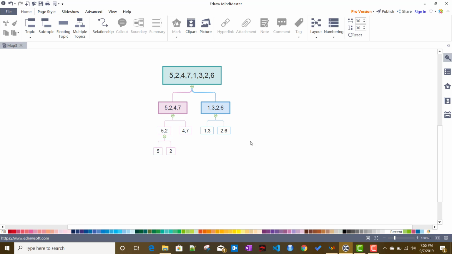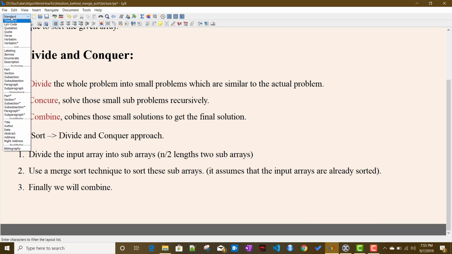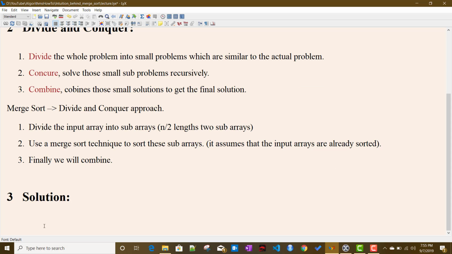Now to solve this, let us start from this leaf node only. We divided this sub array 5 comma 2 into two sub arrays. One array has the single element 5, another array has the single element 2 over here. So let us write it down. I'll create a section called solution.